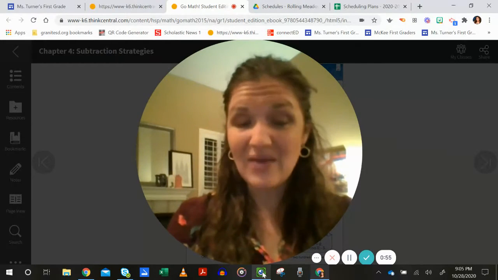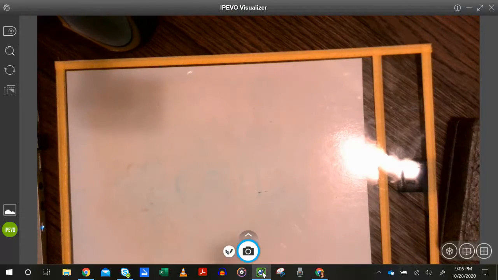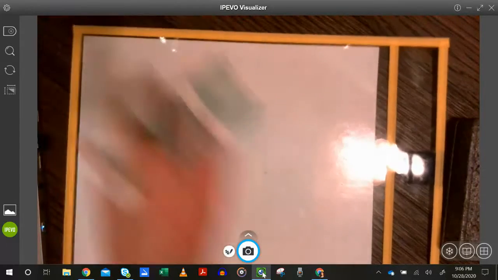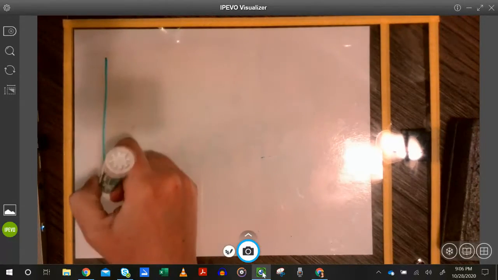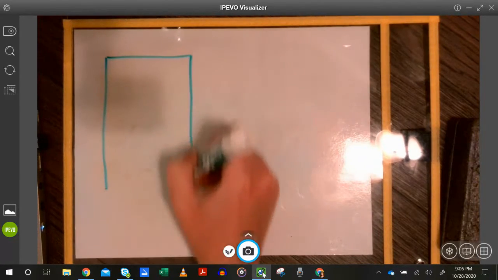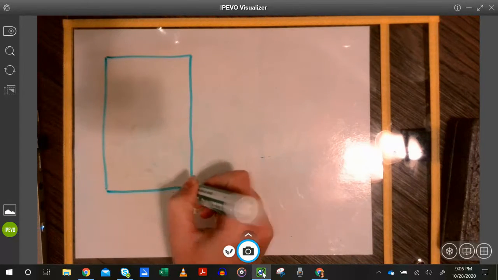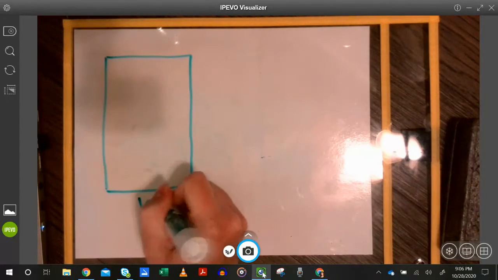So today we are going to be looking at our parts and our whole. Okay, so I want you to think, if my whole group, we're going to draw some boxes here. Okay, and I'm going to put a W for whole.